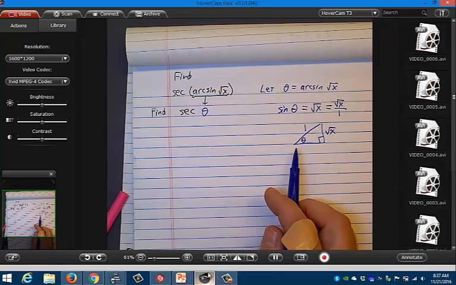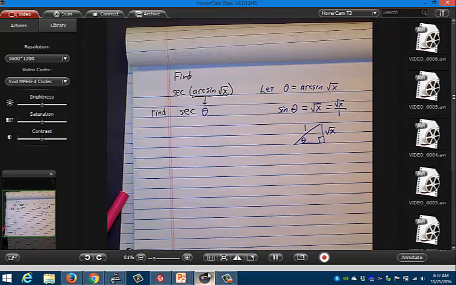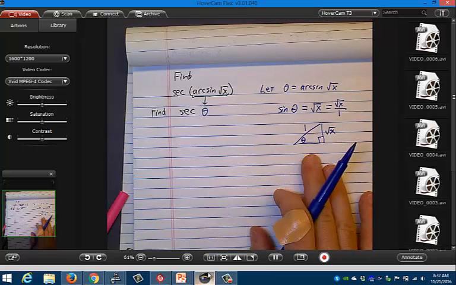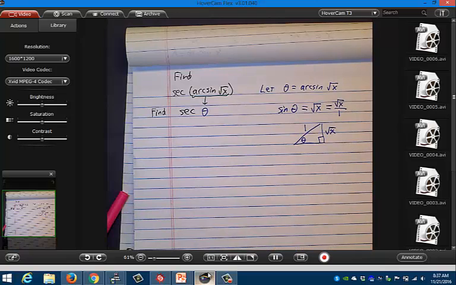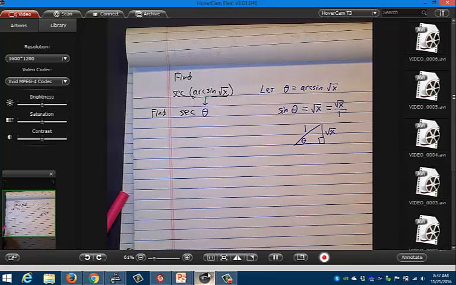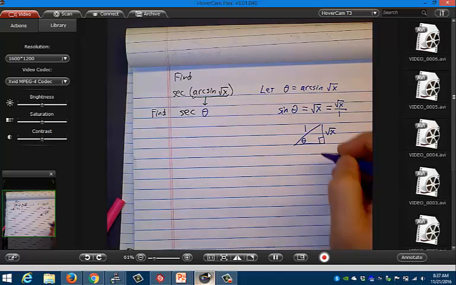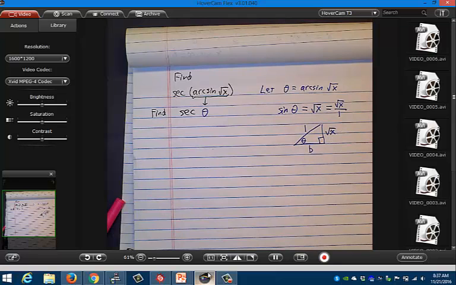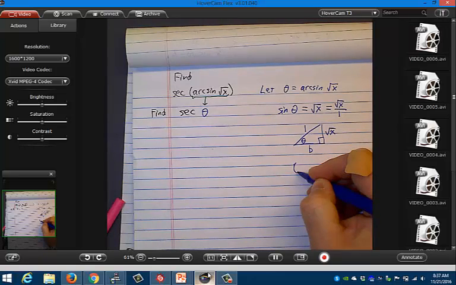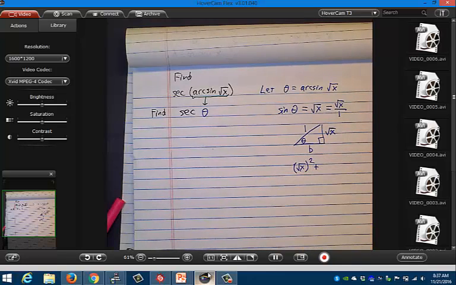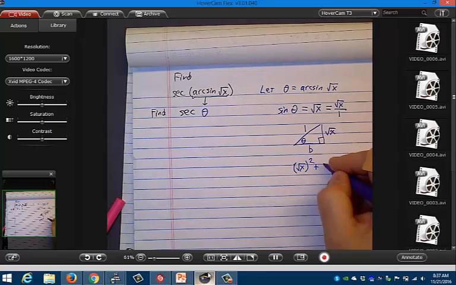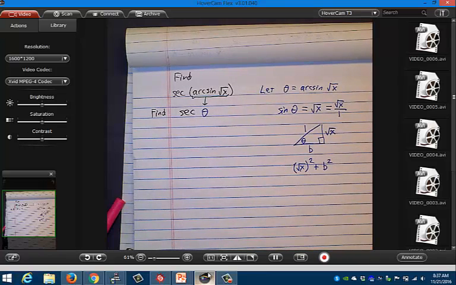Well, let's put it this way. This is going to be good enough. And I'll show you very precisely what we mean in just a second. But when I say this is good enough, the fact that I drew those two expressions on my right triangle, I can figure out the third, right? So let's do that. How do you figure out the third expression? Well, you call it b or something, right? And we do good old Pythagorean theorem, right? So I'll say a squared, which is square root of x squared, plus b squared, right, is equal to what? Sure, because it equals 1 squared, right?